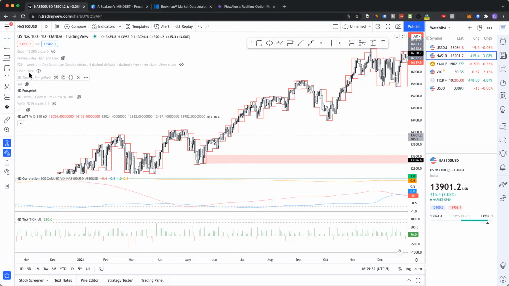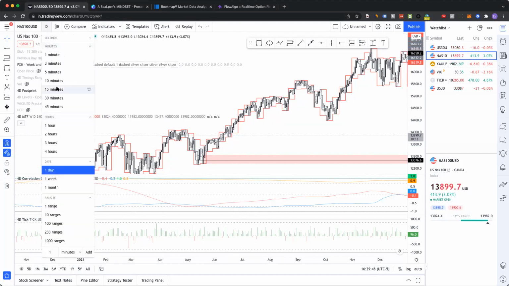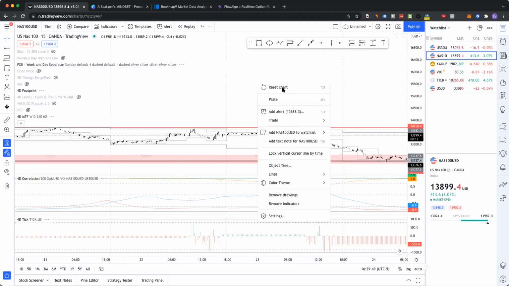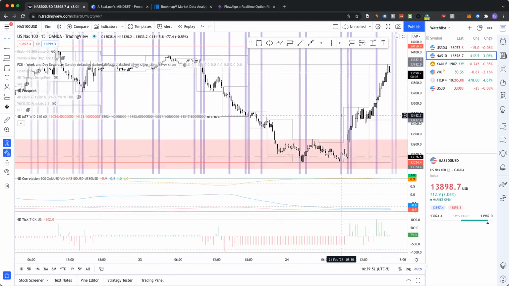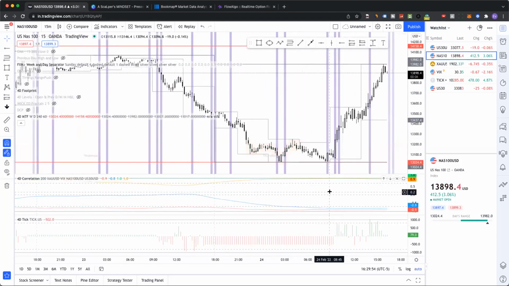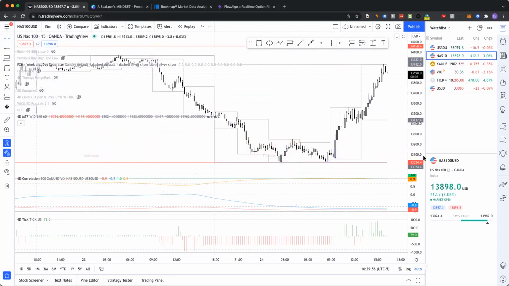Okay, you're going to need the FXCN week and day separator. I like to use this because when we're going onto like a 15-minute chart, it's easier for me to depict. Let me remove this. Okay, it looks messy right now, but I promise you it'll all make sense eventually.